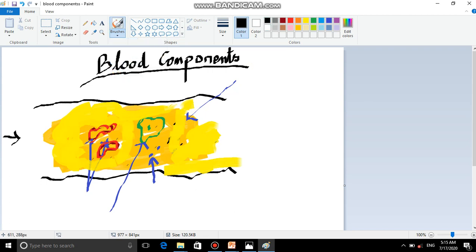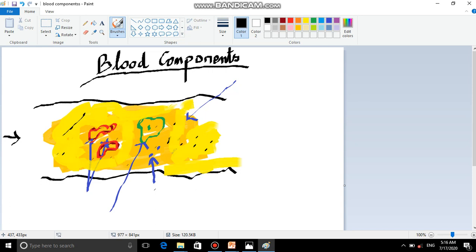So this was blood plasma, and different things like this are dissolved in it.